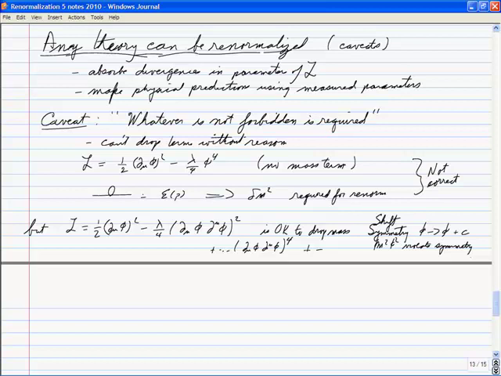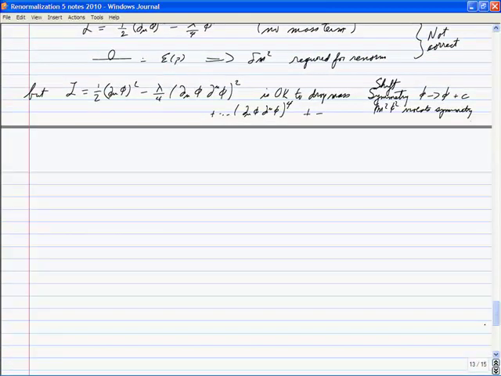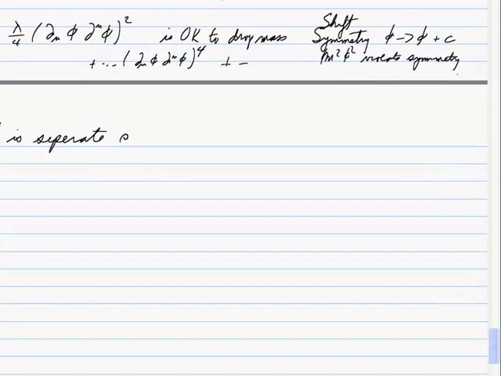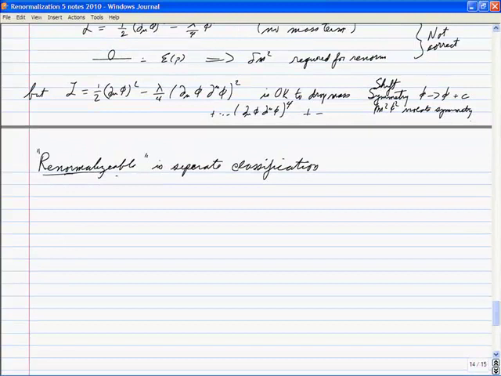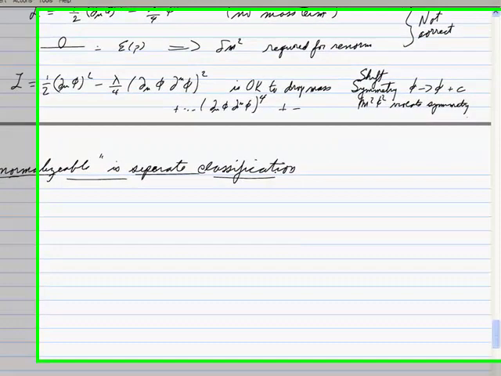So all these theories can be renormalized. But they're not all renormalizable. Renormalizable in this sense is a separate classification, which has nothing to do with being renormalized, so it's terrible phrasing, and that's what people didn't understand.